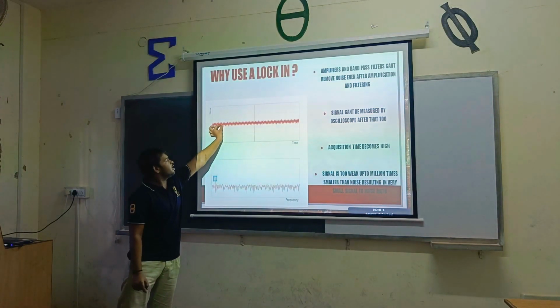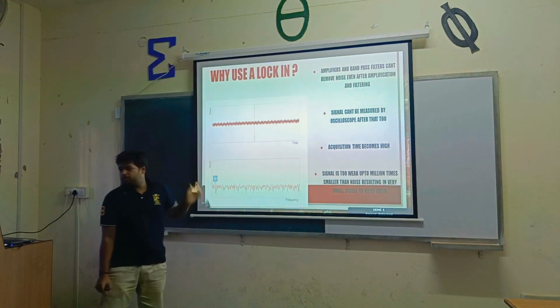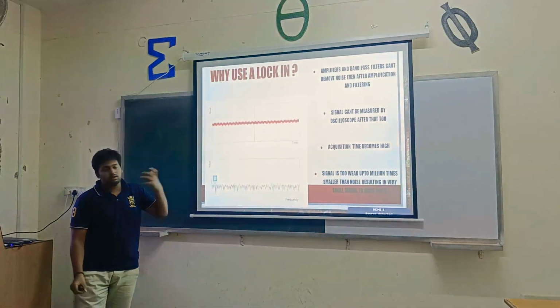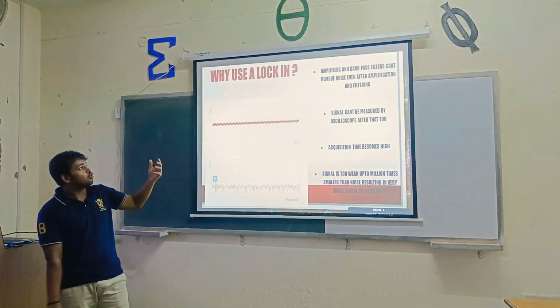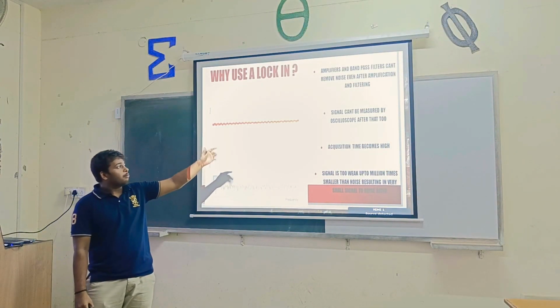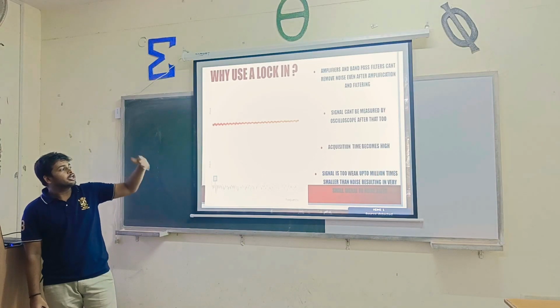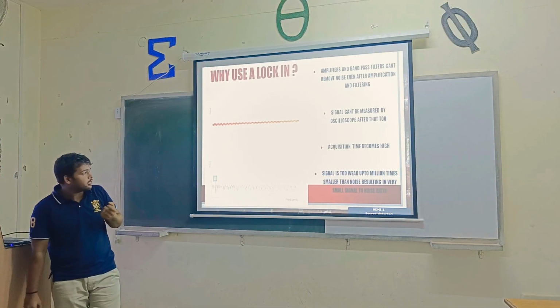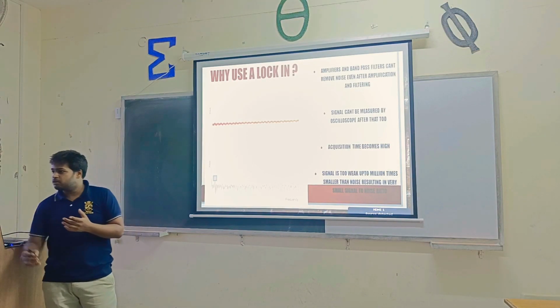From this, a nanovolt, just a little bit, might be the signal of interest. So we can't get that signal by using an oscilloscope or other amplifiers and bandpass filters. Even after amplification and filtering, we can use an oscilloscope to extract it, but then the acquisition time becomes very high.